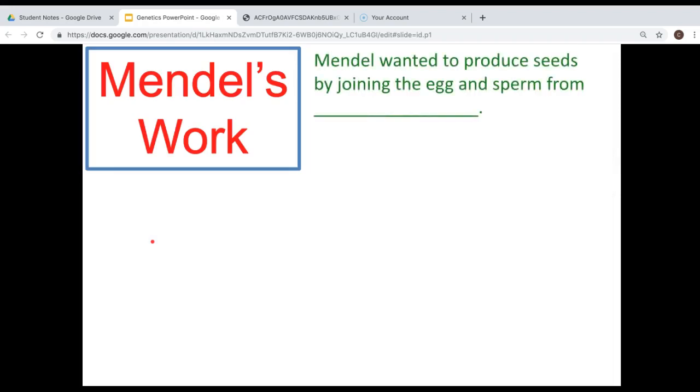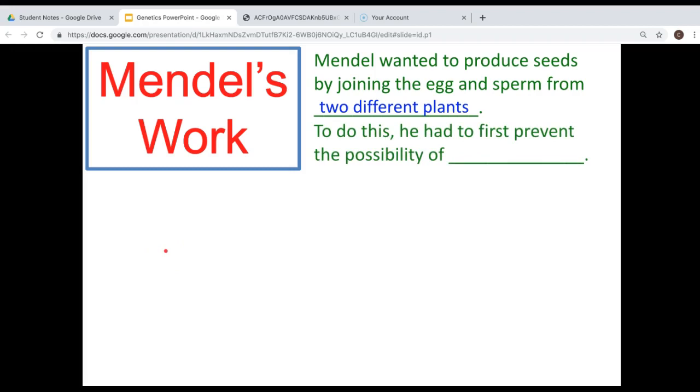So Mendel wanted to produce seeds by joining the egg and the sperm from two different plants. So he wanted to control this breeding. To do this, he again, guys, was wise beyond his years.